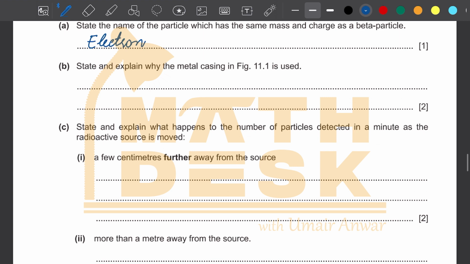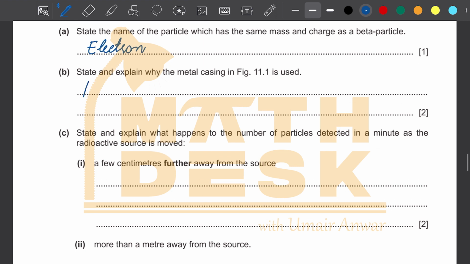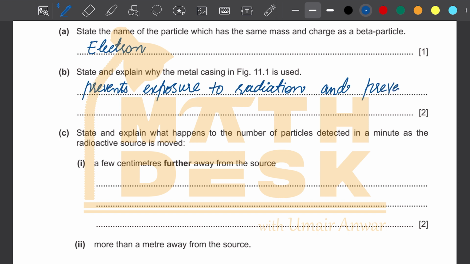So firstly, it prevents exposure to radiation and prevents radiations traveling in all directions.